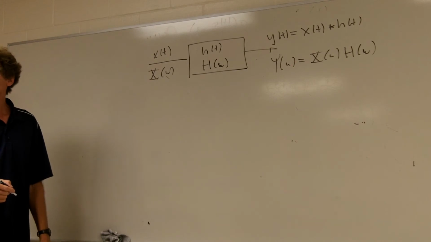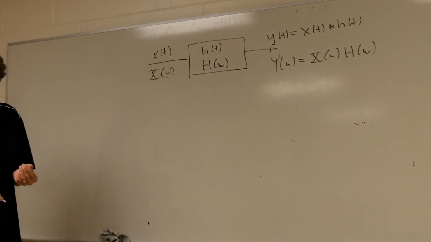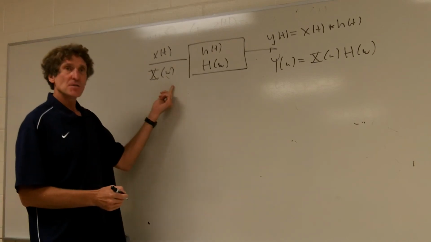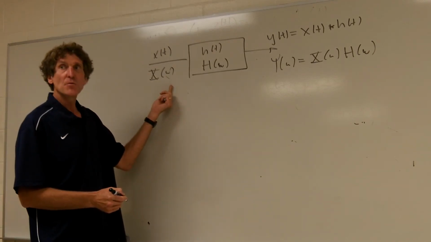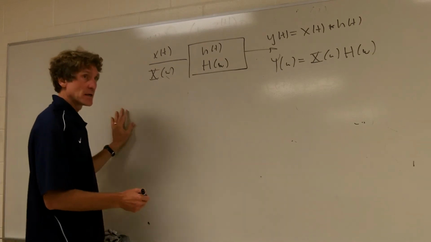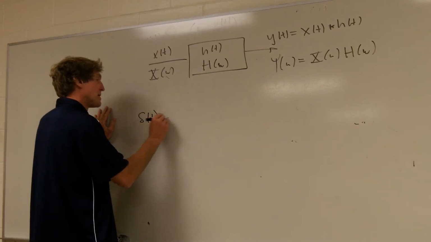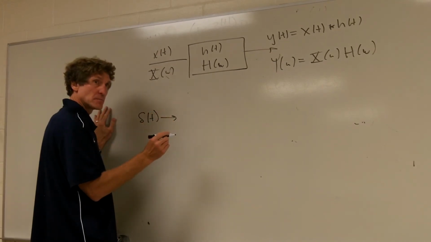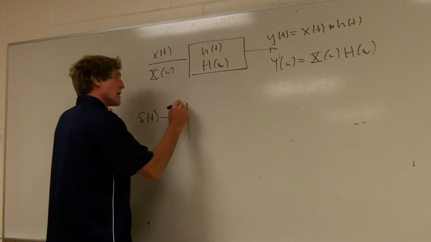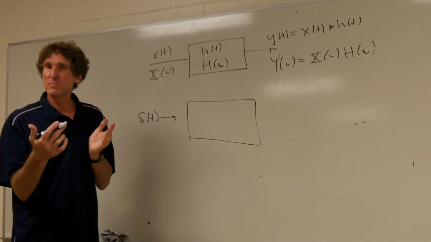We could describe them with differential equations. I like block diagrams. Engineers use block diagrams. We have this here. And now we're going to talk about a few things you have to be aware of. Now, what if I said that I had a system where I have a delta of t going into it? And this is what happens a lot of times when you look at the way problems are presented.